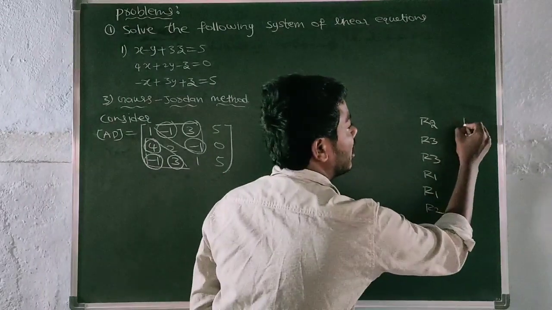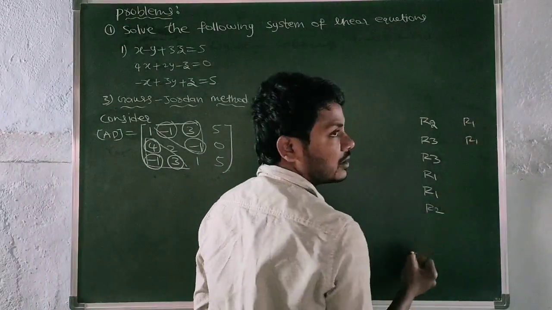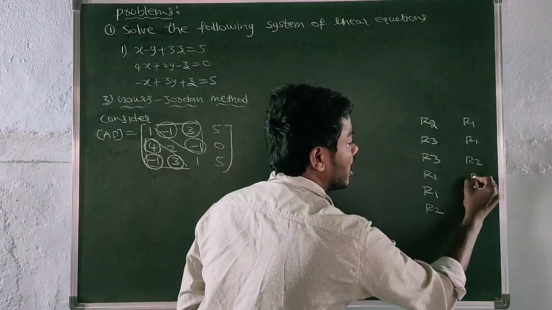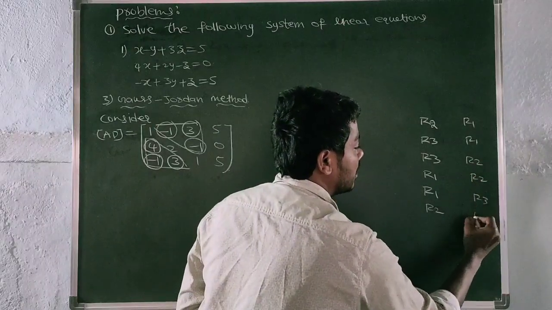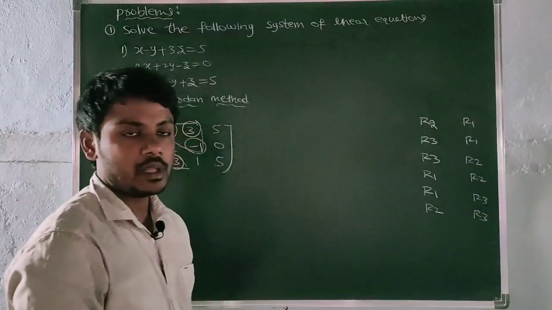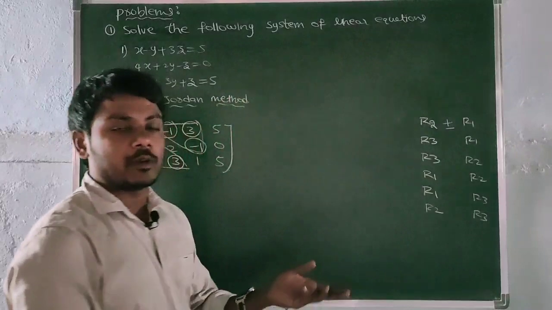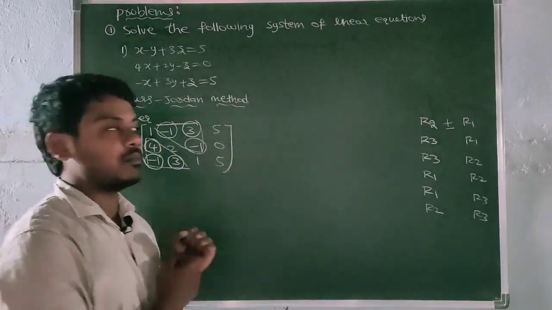Next here write R1, R1. So write 2 times for each operation. Next R2, R2, R3, R3. Next here write plus or minus, either plus or minus depending on given problem.